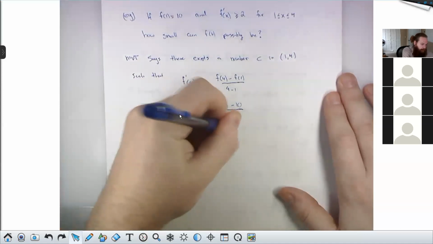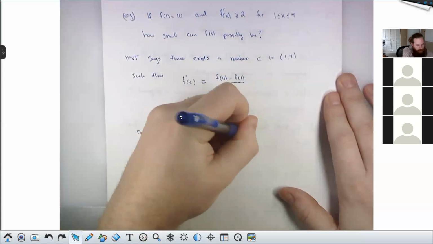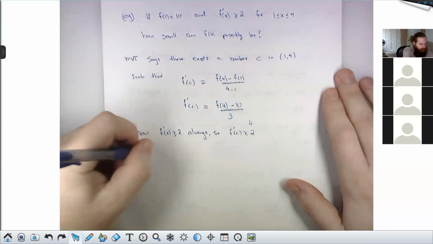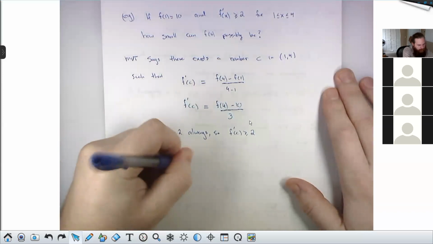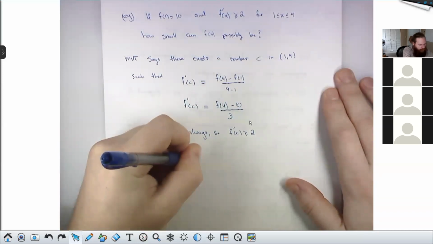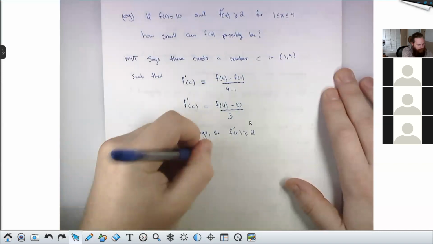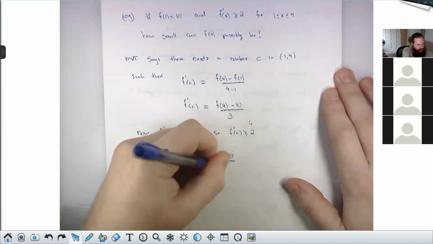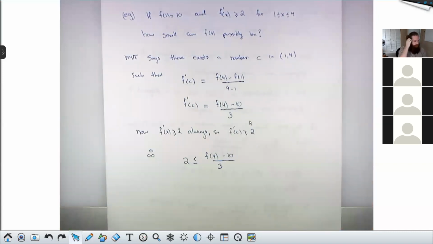So in particular, f prime of C is bigger than or equal to 2. So this object right here is at least 2, and that is equal to this. So this has to be at least 2. Therefore, 2 is less than or equal to f of 4 minus 10 over 3.